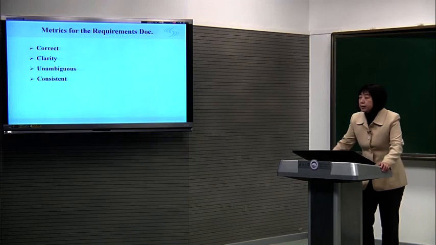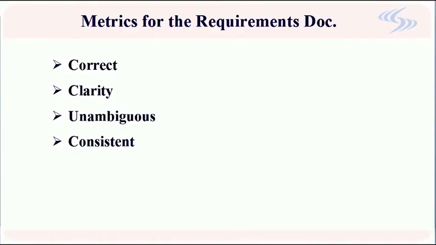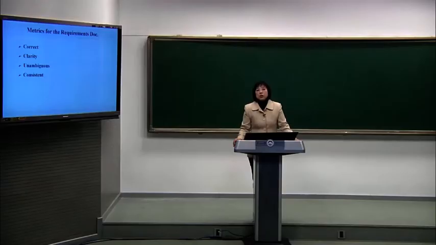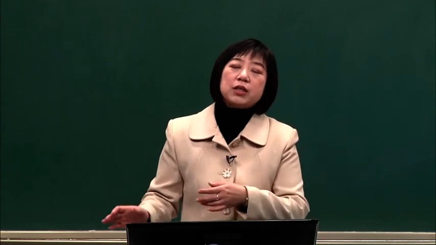Next, consistent. That means the things and the descriptions of the business logic should be the same throughout the requirement documentation. Surely the requirement documentation will be quite long, some very long, and there are so many business logics inside.